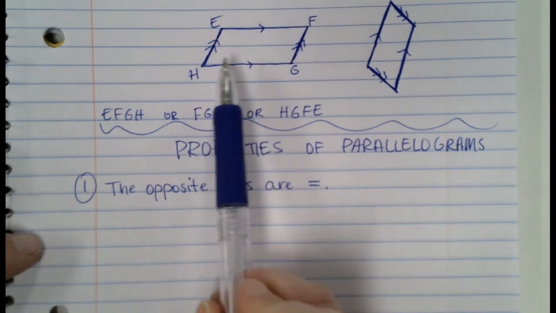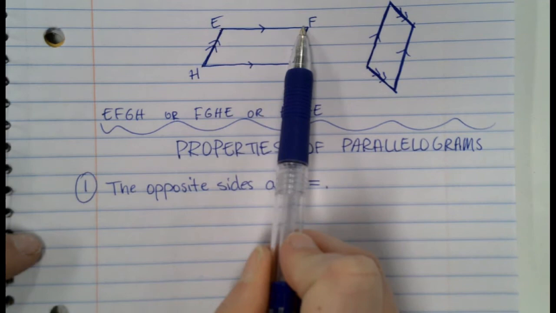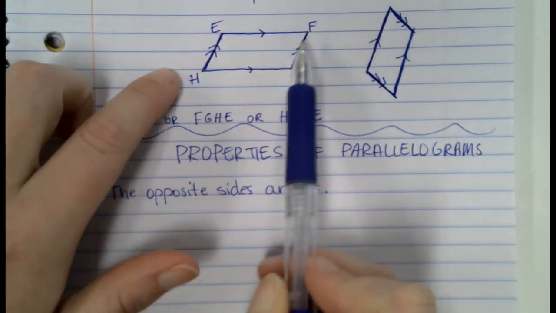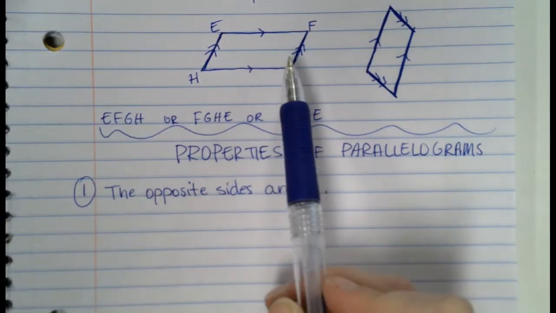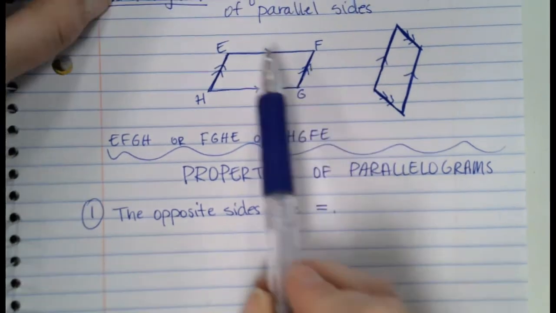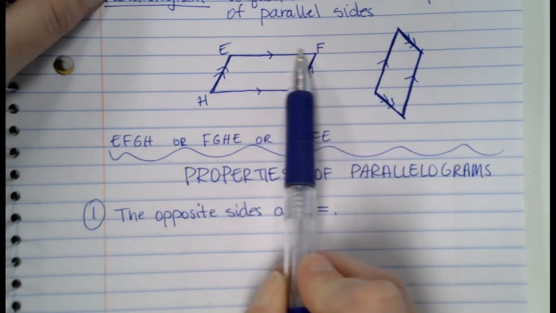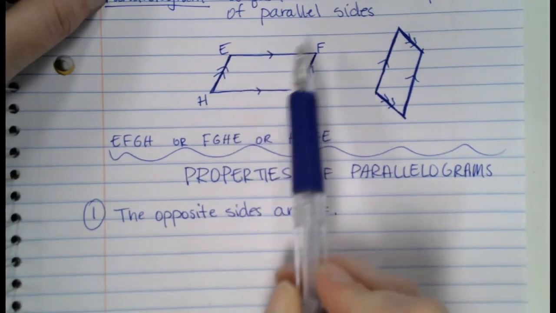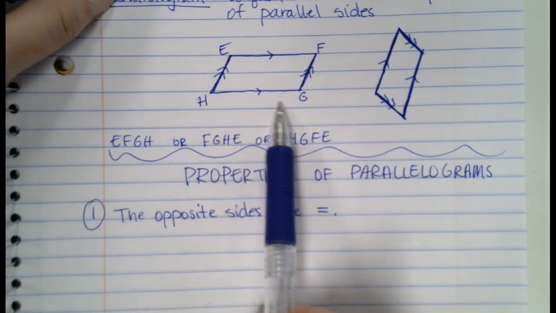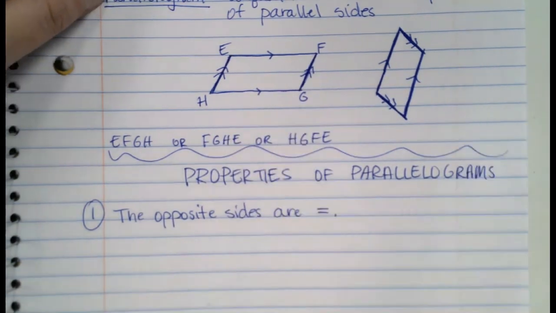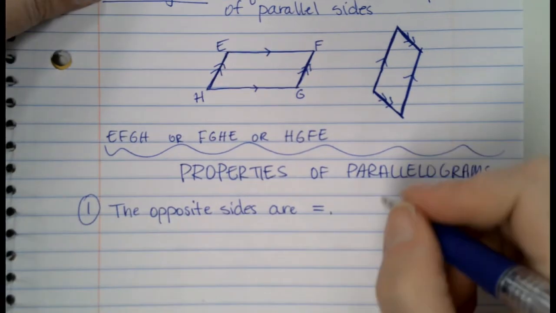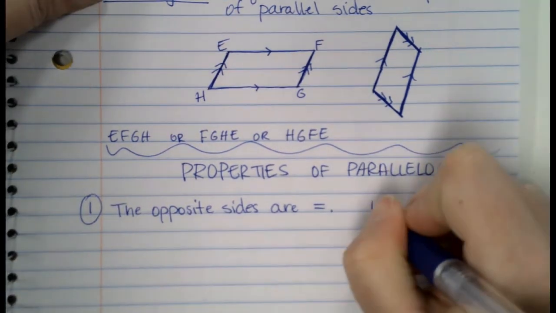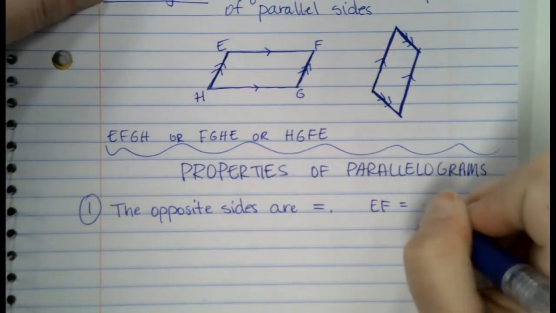Yeah. Basically, I took this one and I moved it down and over just a little bit, but they are the same length. Remember, when we talk about sides, we use two letters. So this would be side EF, and this would be side HG. They are the same length. They are equal. So over here I'm going to put EF is equal to HG.